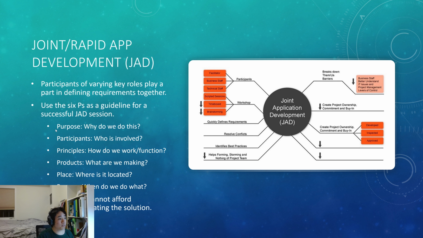To make a successful JAD session, we need to consider some things. These can be used as a guideline, and they're called the 6 Ps. We have the purpose, participants, principles, products, place, and process. However, this approach is not really good if you want to thoroughly make sure that the solution works. But it can involve a whole lot of people, and that's great because you get more inputs that way.